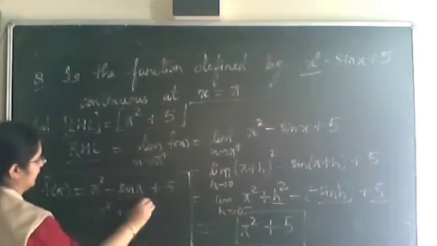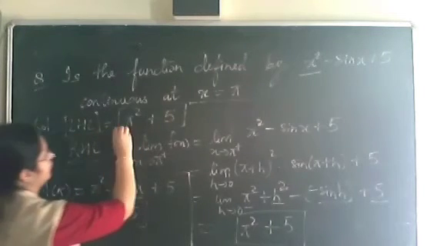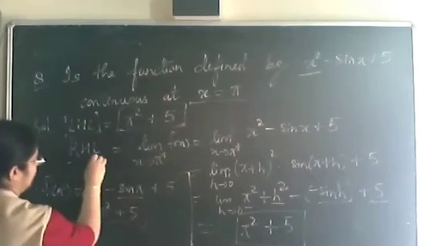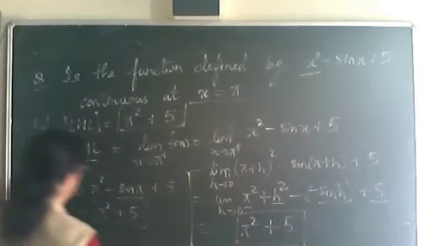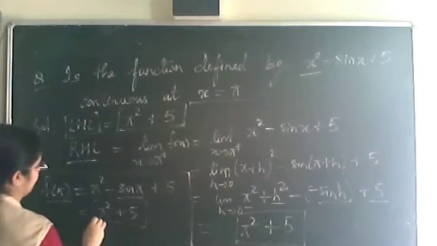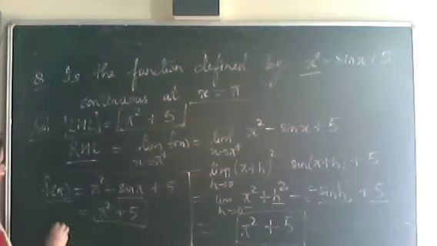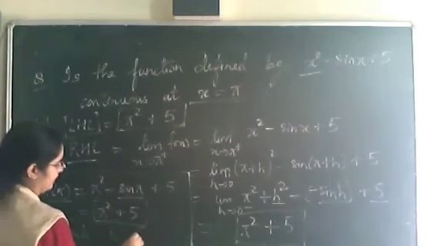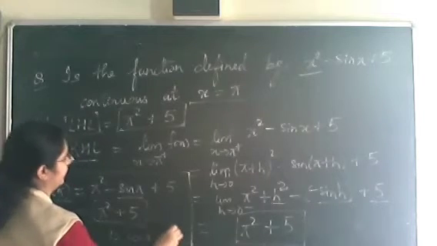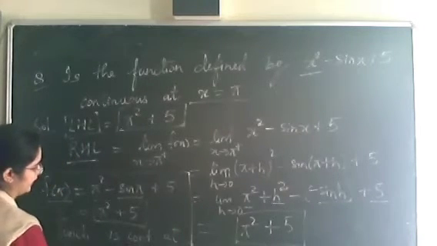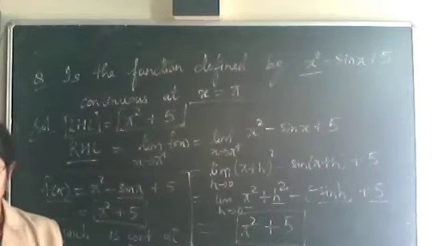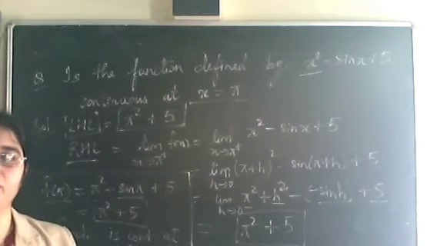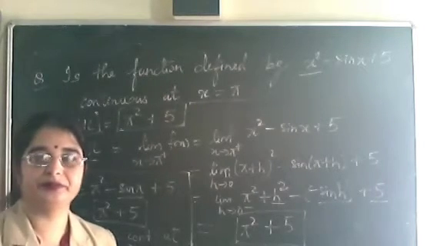So we can say that LHL is equal to pi square plus 5, RHL is again pi square plus 5, and f of pi is again pi square plus 5. So the function is continuous at x is equal to pi. Clear? Clear, everyone?